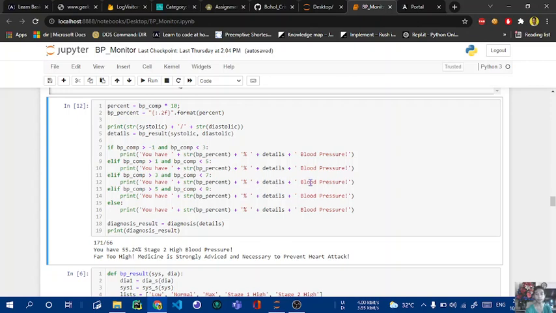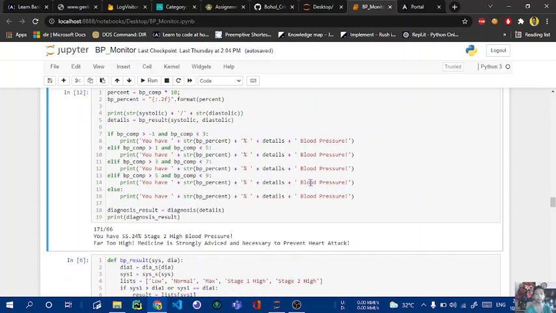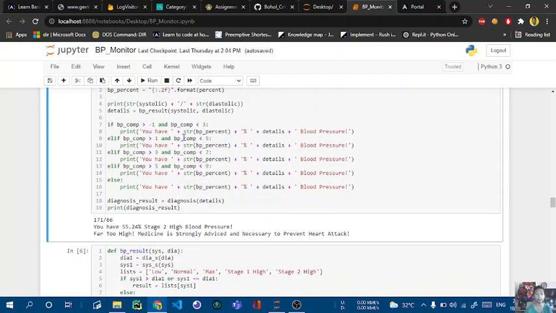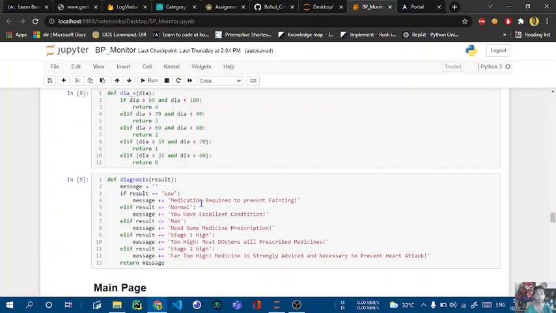But what should I do to prevent that, or what is my action towards that? So I need to call the diagnosis result. The details from here, if I have max, low, or normal blood pressure, I will send to diagnosis. If the result is low, the message returned is: medication required to prevent fainting.